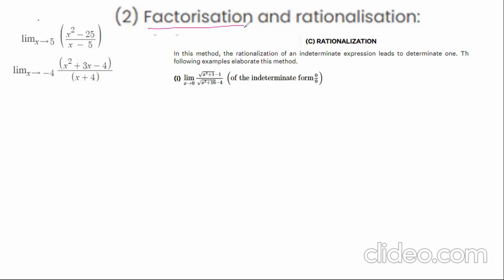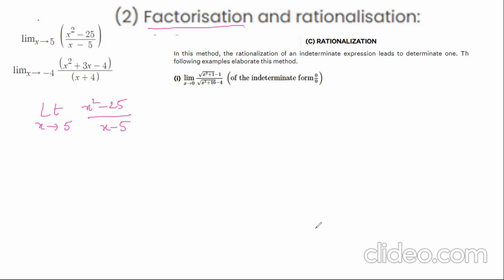The name itself says you know how to factorize numbers, as well as factorize polynomials or any kind of functions. Yes. Let us take this one. What is this? Limit of x square minus 25 divided by x minus 5. You know how to factorize the numerator.